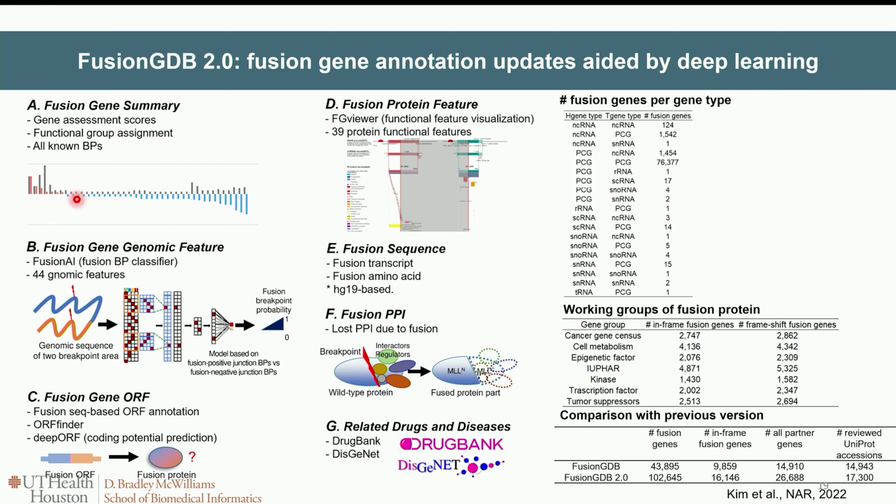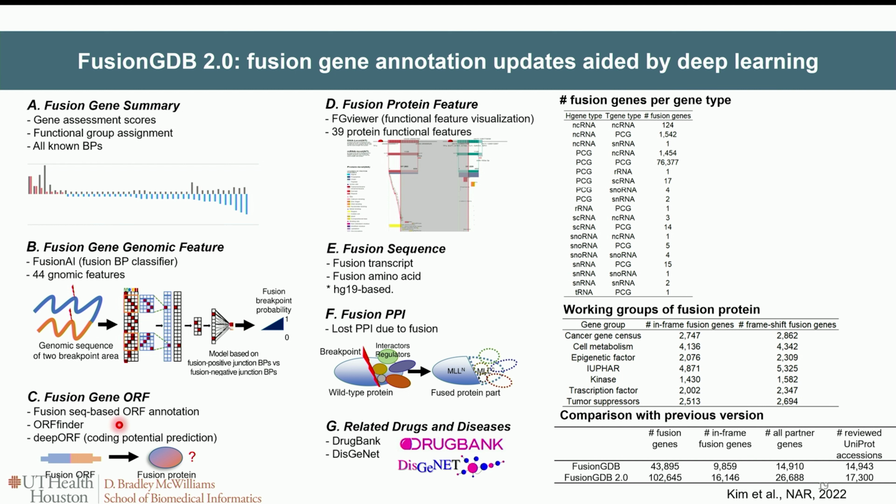We also show the most frequently used breakpoints. And for each annotation, we made some tools. To provide fusion gene genomic features, we made a Fusion AI model. I will introduce that later.